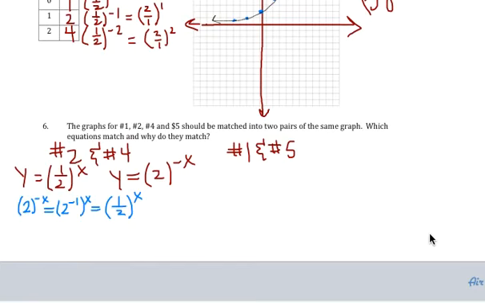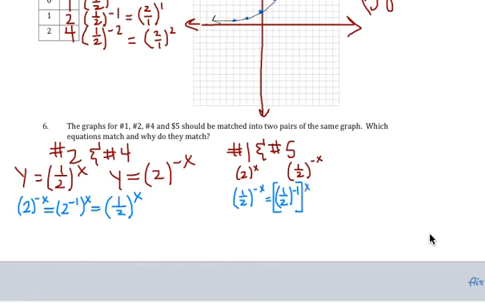And let's do the same thing with 1 and 5 real quick. Function 1, I think, was 2 to the x power. Okay, and 5 is 1/2 to the negative x power. All right, so let's take that 1/2 to the negative x power. Let's rewrite it as 1/2 to the negative 1 with the x outside.